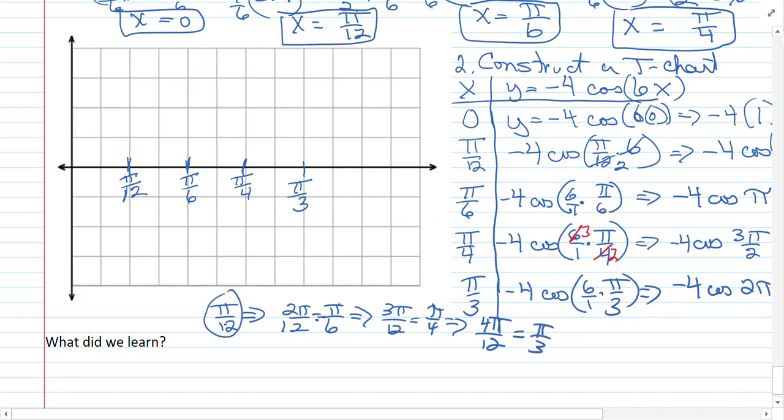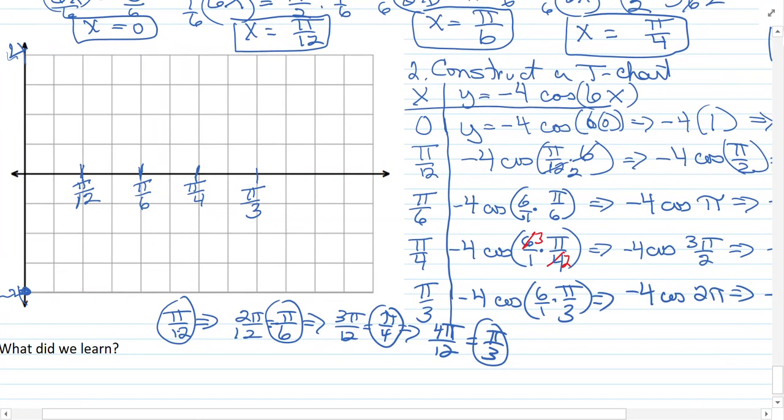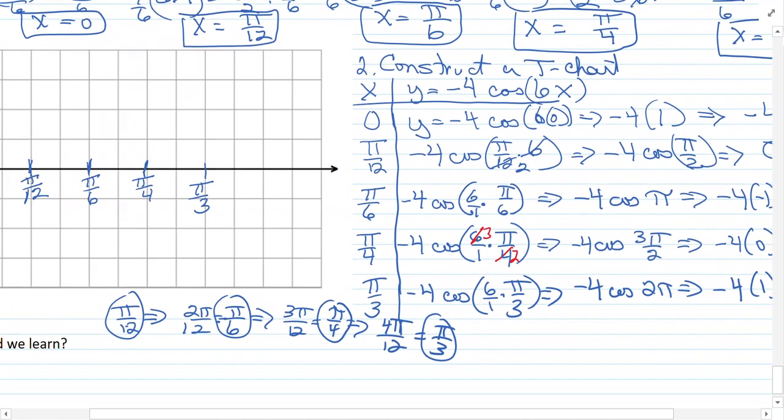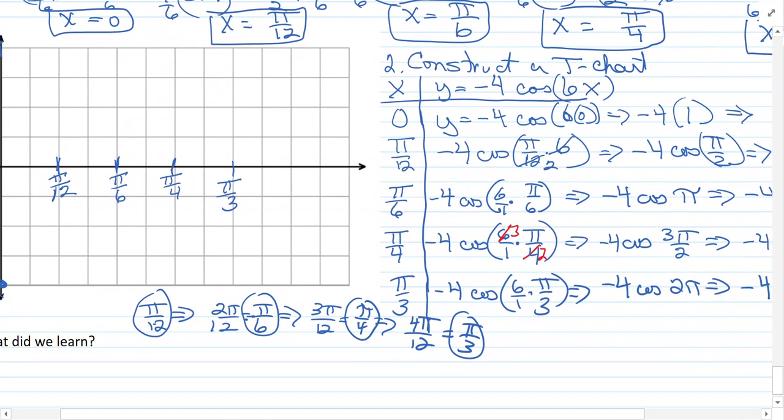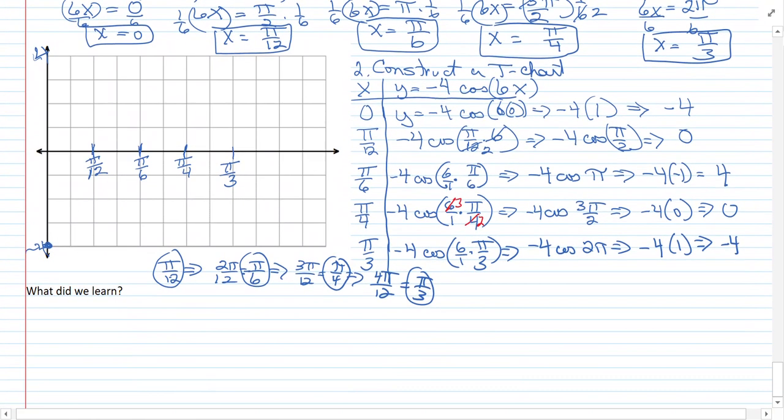So this is what I have. Sometimes I have to state it so you'll know. Okay, now remember it's 4. So this is 4, and this is -4. All right, so at 0, I have -4. At pi twelfths, I have 0. Let me shorten that so we can see it. There we go. 0.